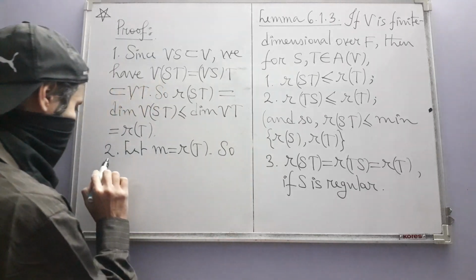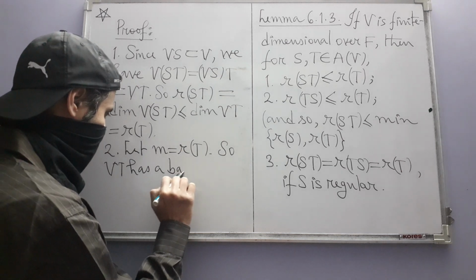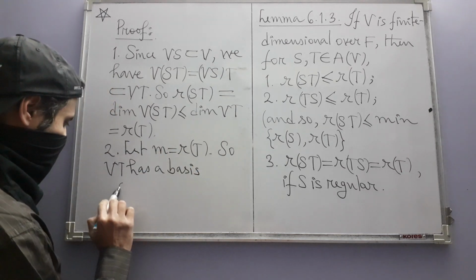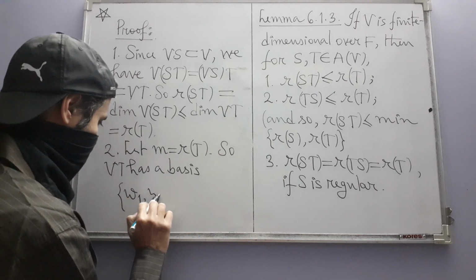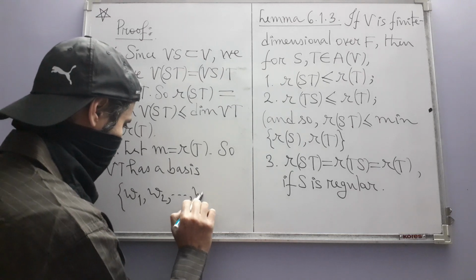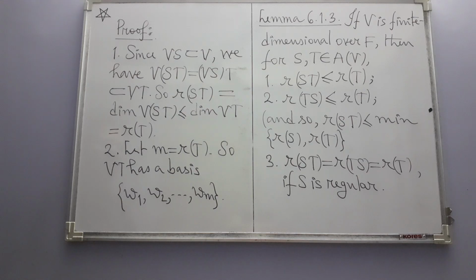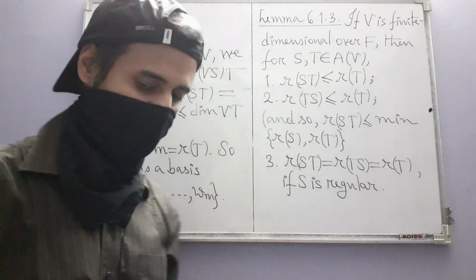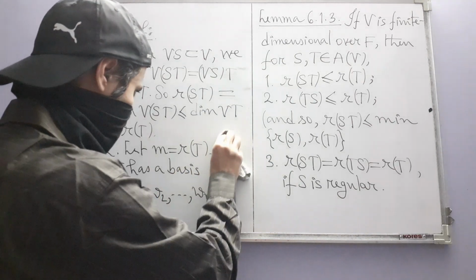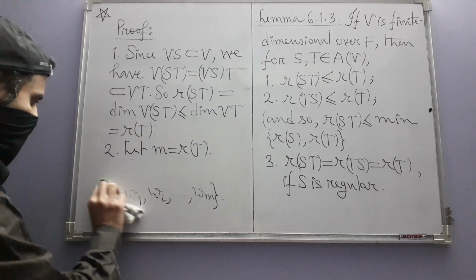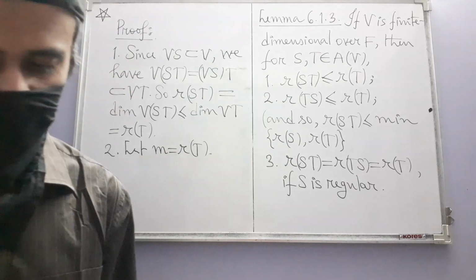So the range of T has a basis consisting of some M vectors. Well, actually, to avoid a slight confusion, instead of straight away going like this, you can dispose of one trivial case first.